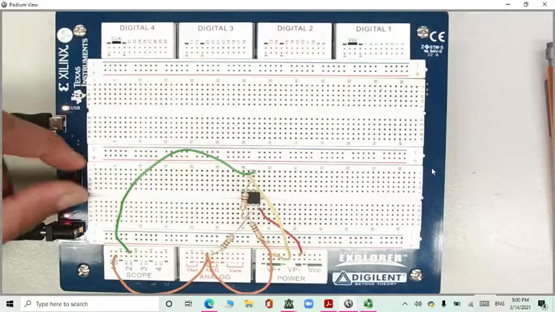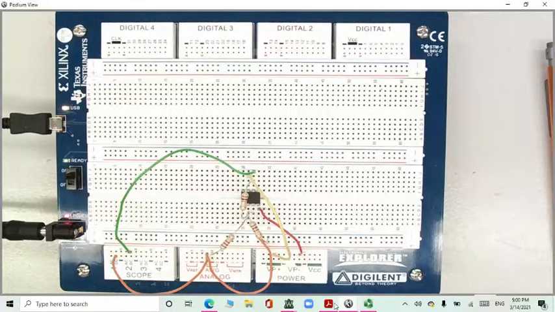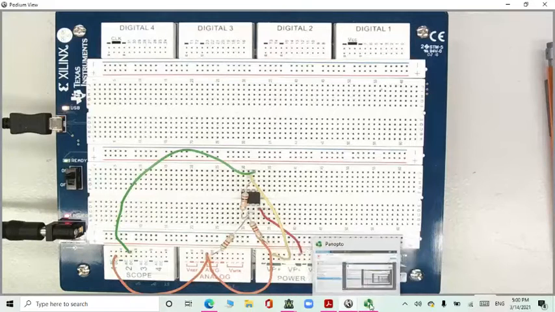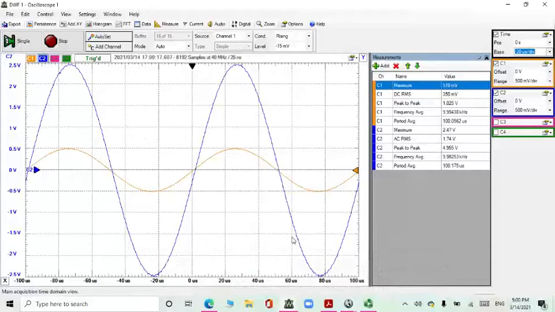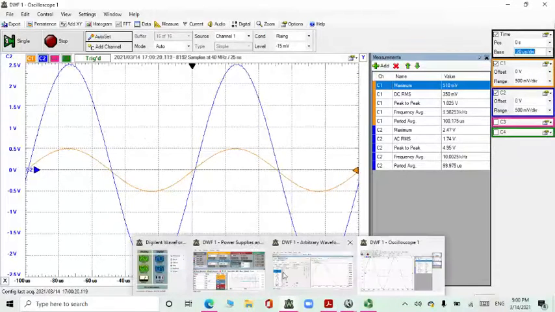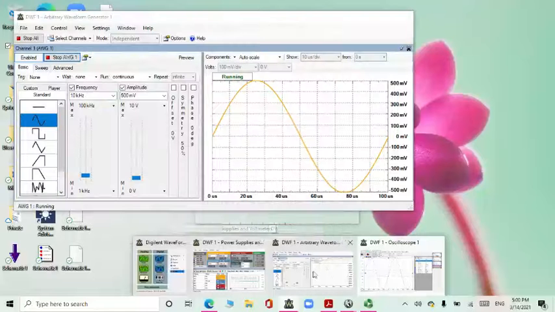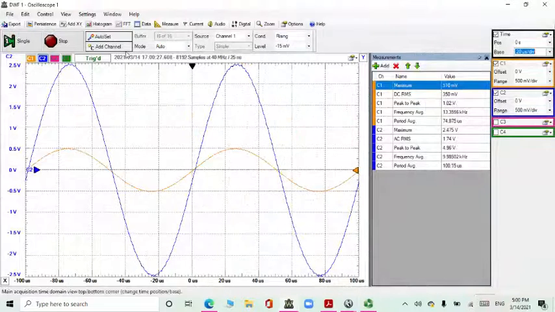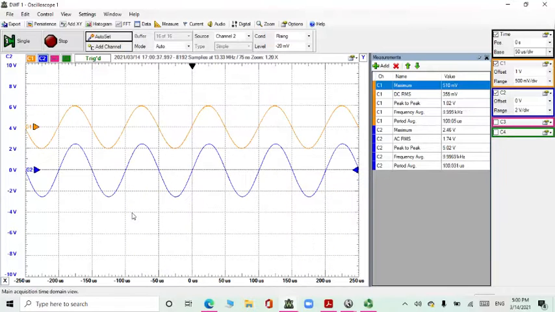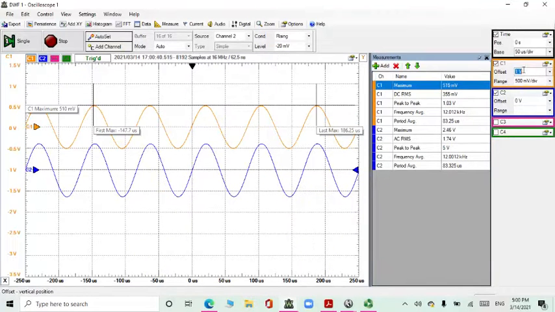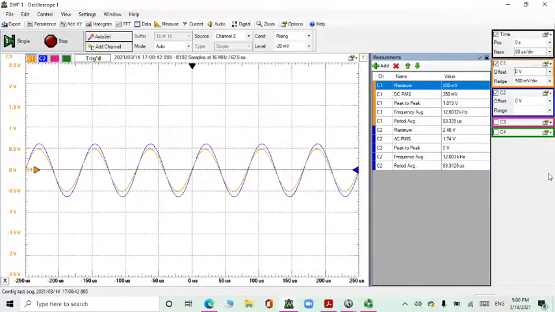Now, let me see what we will get. Just want to make sure that everything is on, and this is running. So what we will do is auto set to see. You can see now there is no phase shift, right?